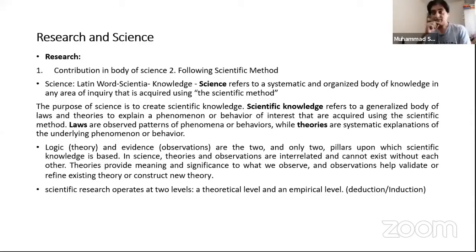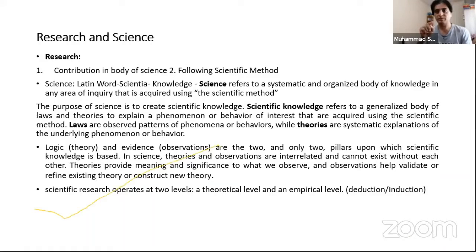So I am explaining that logic, that is called theory, and evidence, which means observation, are the two and the only two pillars upon which scientific knowledge is based. In science, theories and observations are interrelated and cannot exist without each other.